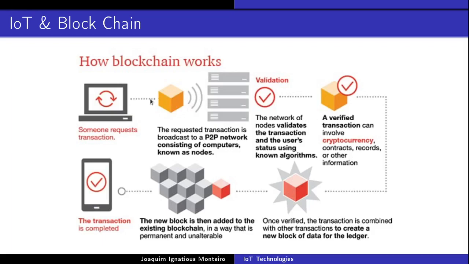This transaction is related to a peer-to-peer network, a group of computers, which validates it. They will check the ledgers and authenticate that this particular user is authorized to make this particular transaction. Once it is authenticated, it is added to the existing ledger. That is a block; the blockchain is a chain of blocks.